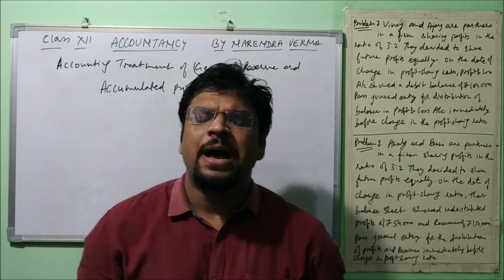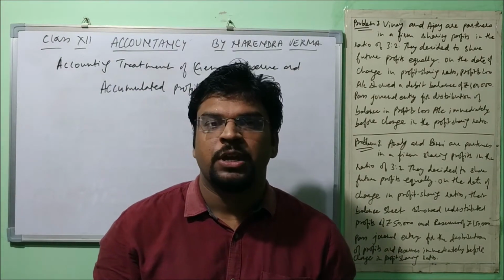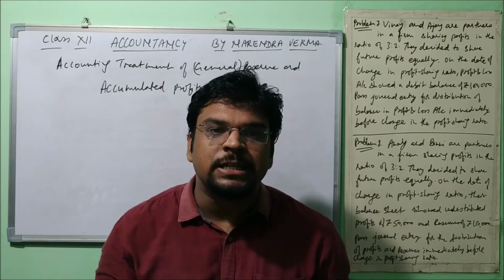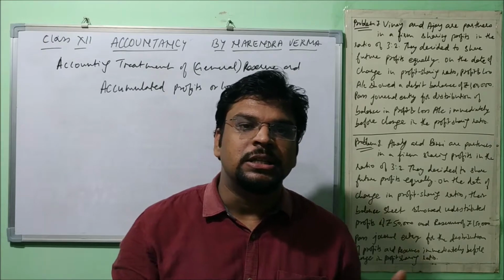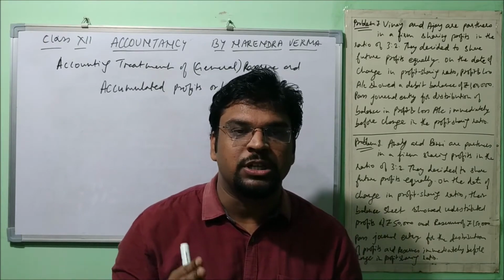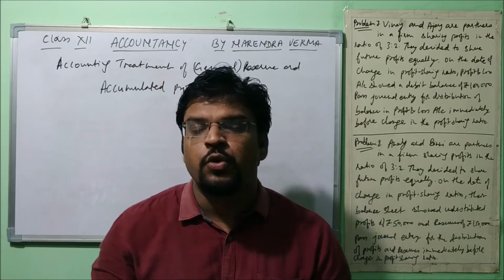So what happens when there is a change in profit sharing ratio? Then on that date, whatever reserves, whether these are general or specific reserves, we'll talk about a specific reserve later on, but right now we consider reserve.